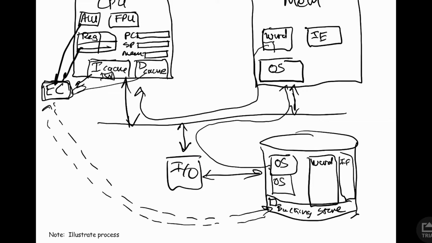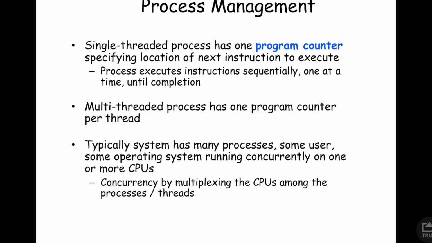When it gets back control, it says, okay, this particular program, Microsoft Word, has been running. The timer expired. Now I'm going to select a different process, a different program to run. Okay? Make sense? Okay.